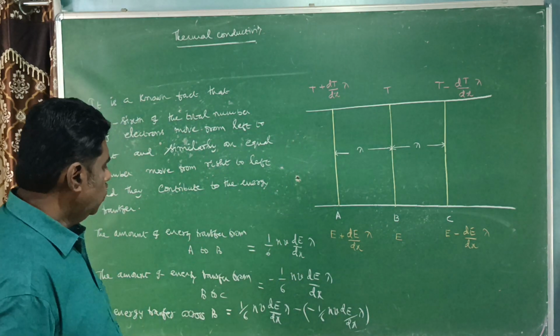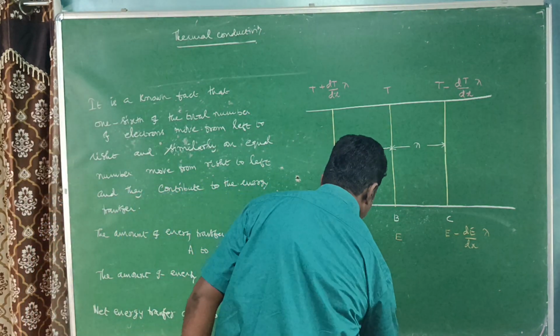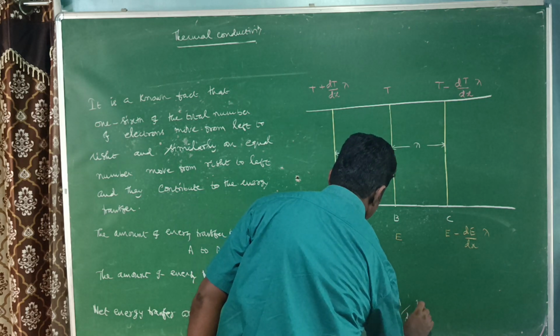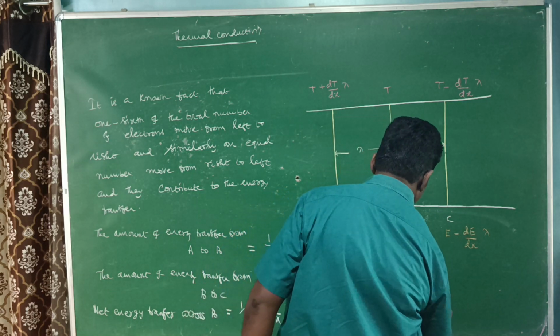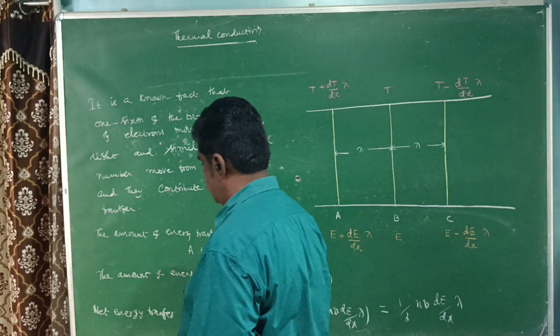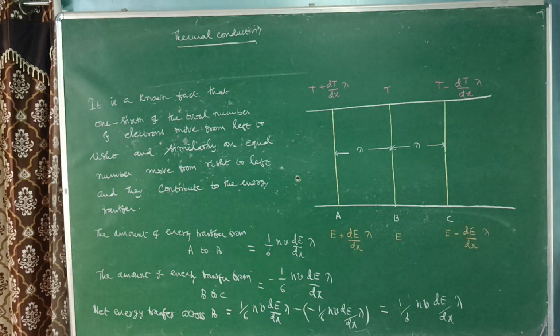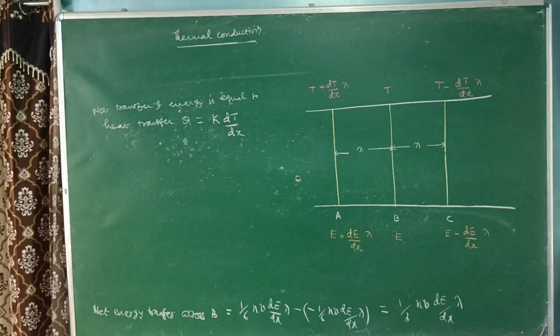Minus and minus make plus, so 2 times 1/6 nv dE by dx into lambda, which is equal to 1/3 nv dE by dx into lambda. The net transfer of energy across B, equal to 1/3 nv dE by dx into lambda, is equal to the heat transfer Q.